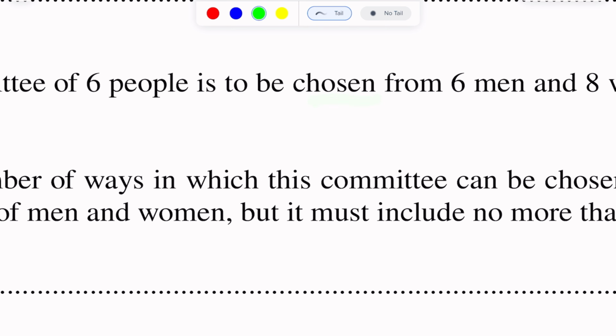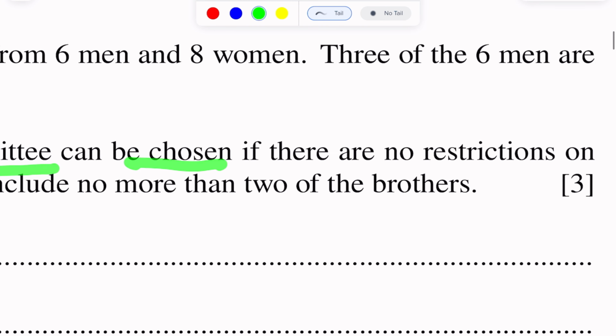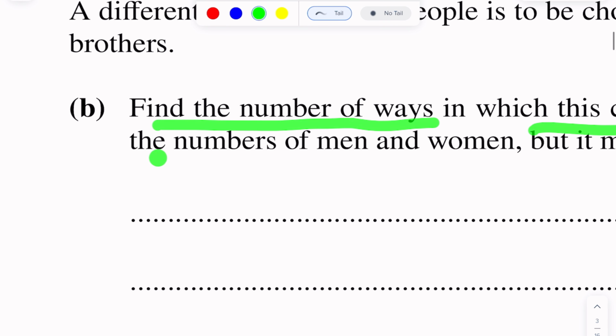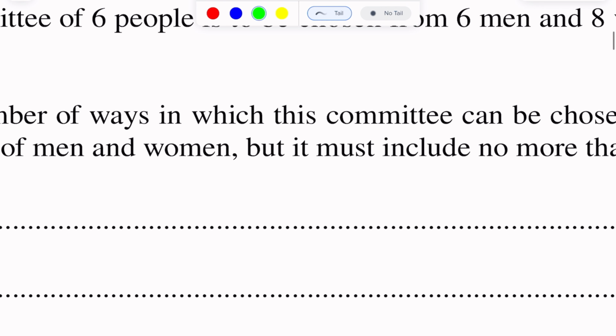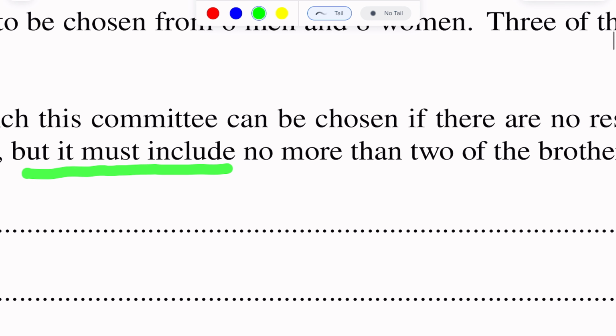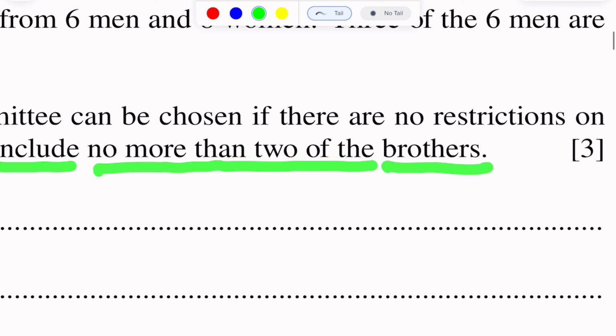Find the number of ways in which this committee can be chosen if there is no restriction on the numbers of men and women. But the restriction is that it must include no more than 2 of the brothers.